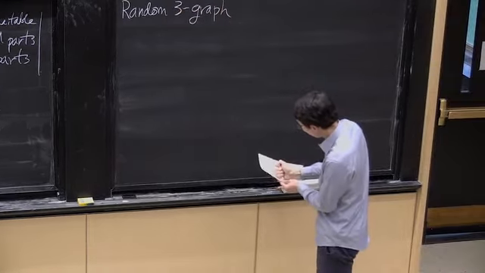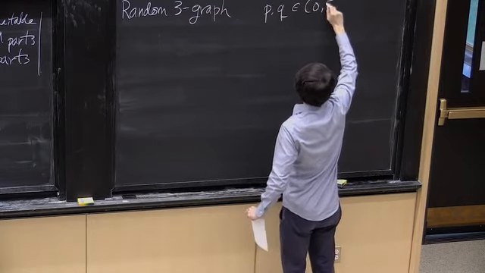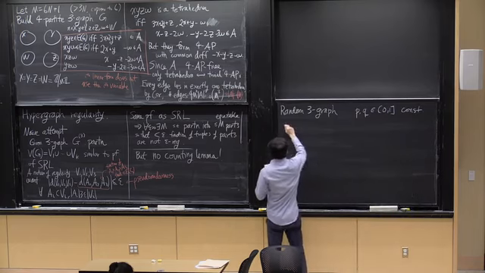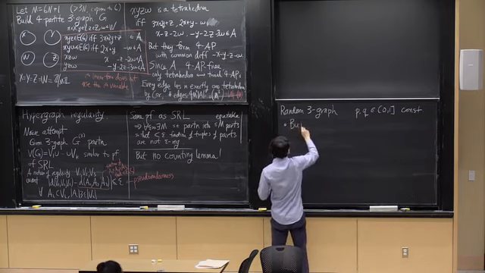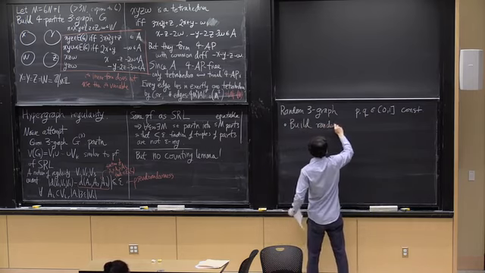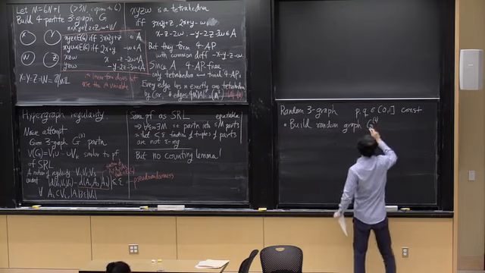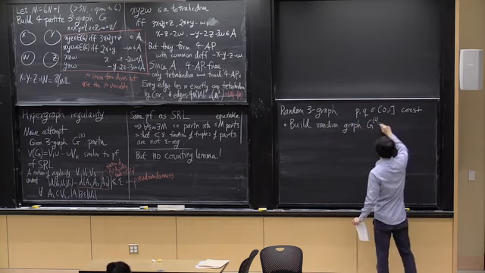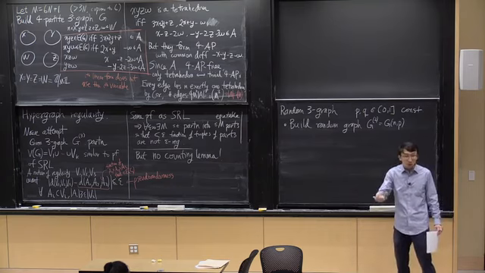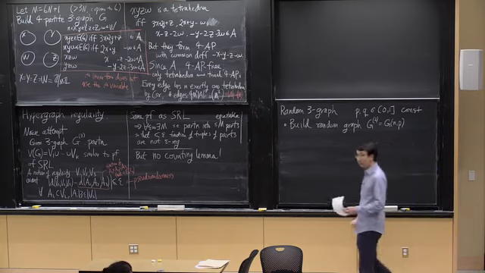Let me give you 2 parameters, P and Q. They are constants between 0 and 1. So let's first build a random 2-graph, which I'll call G2. This is just the Erdős–Rényi random graph, G(n,p), the usual one where you flip a coin for each edge so that each edge appears with probability P independently.